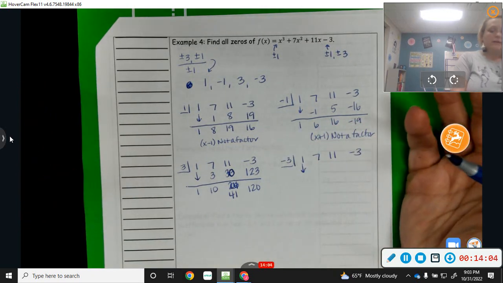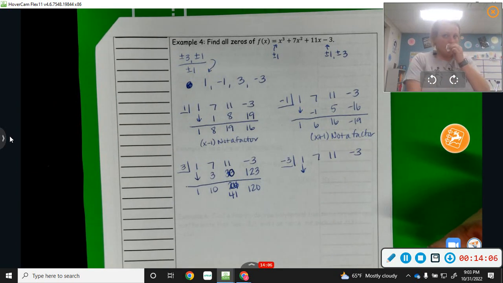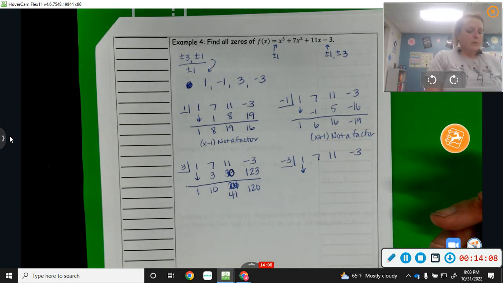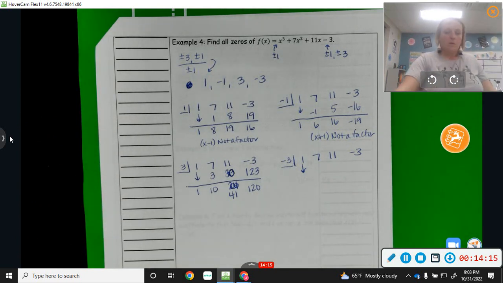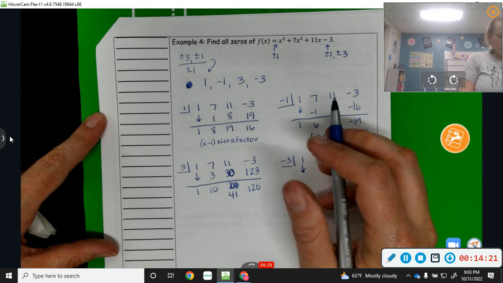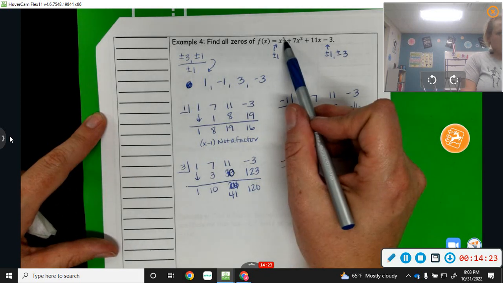Now we know that it needs to at least have a single root, especially since this is a cubic function.